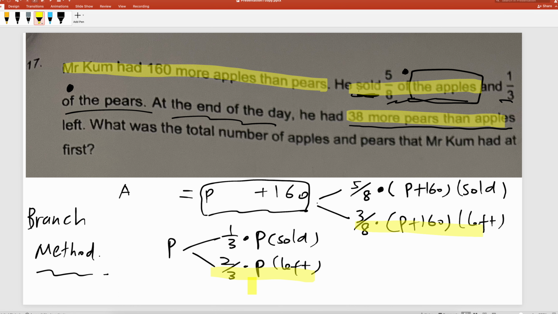That means 2 over 3 P is equal to the apple left, 3 over 8 times (P plus 160), plus 38. So your job is to solve this.